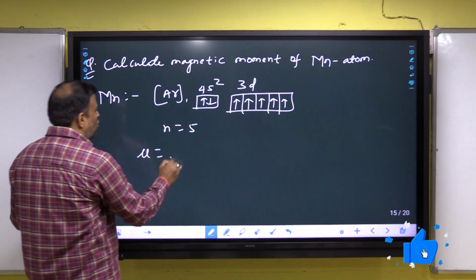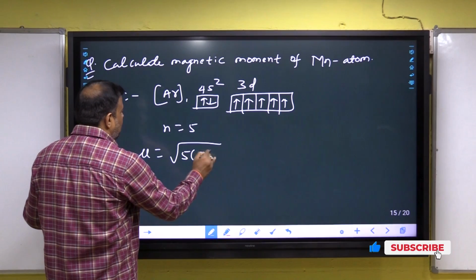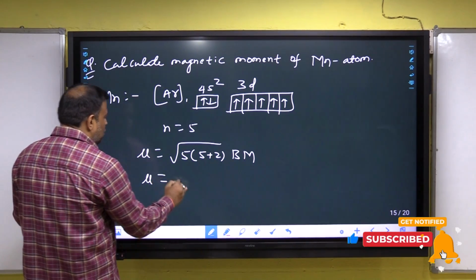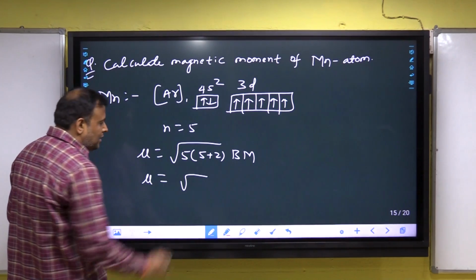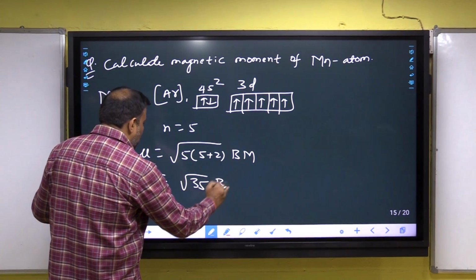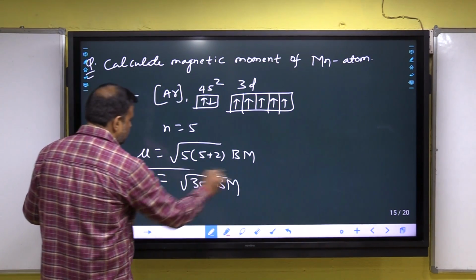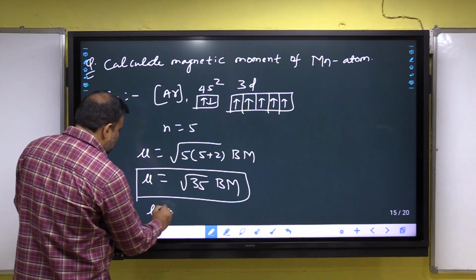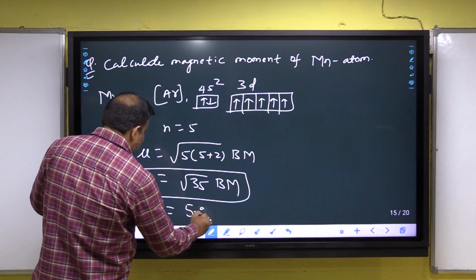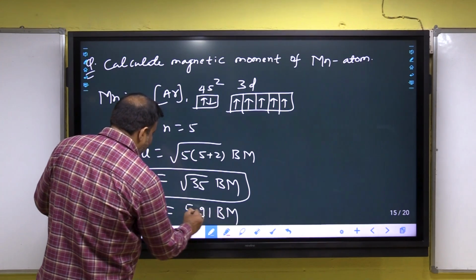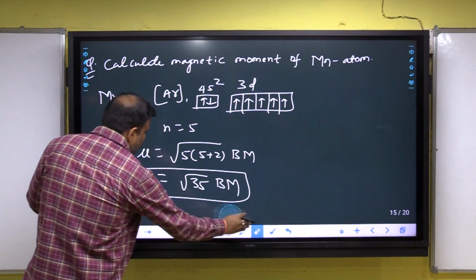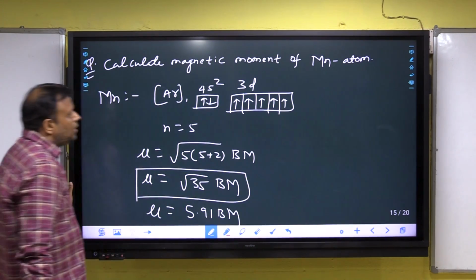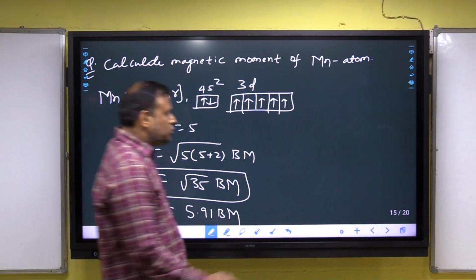Magnetic moment is root under 5 into 5 plus 2 BM, mu is equal to root of 5 into 7, 35 BM. Always keep in mind, the value of root under 35 is 5.91 BM. Clear?